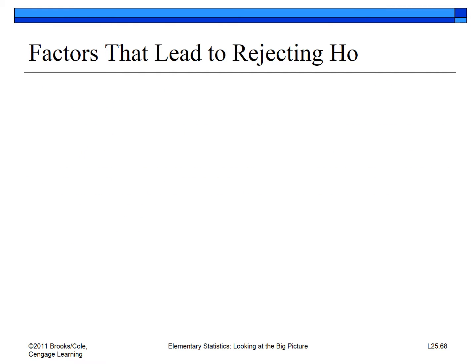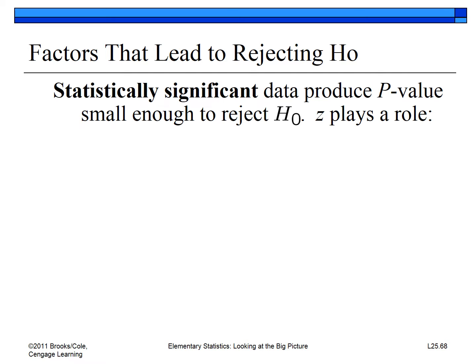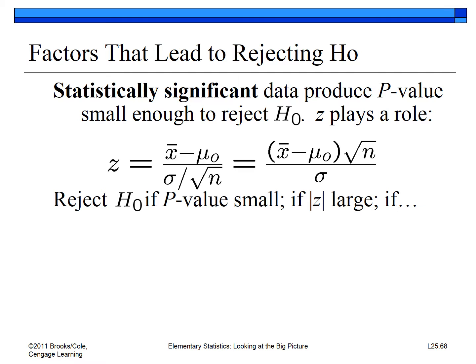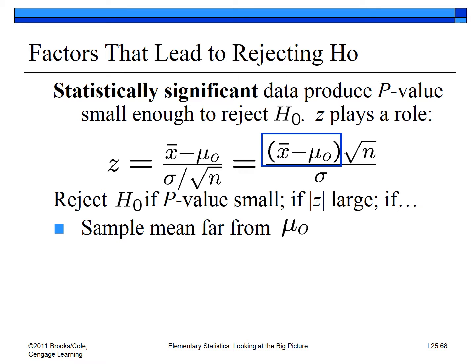So let's look at the factors that will lead to us rejecting the null hypothesis. When we reject the null hypothesis, we'll say that our data are statistically significant. If you standardize, here's how z plays a role. If the p-value is small, that means that the absolute value of z was large, which will happen if the difference, x bar minus mu naught, is big.